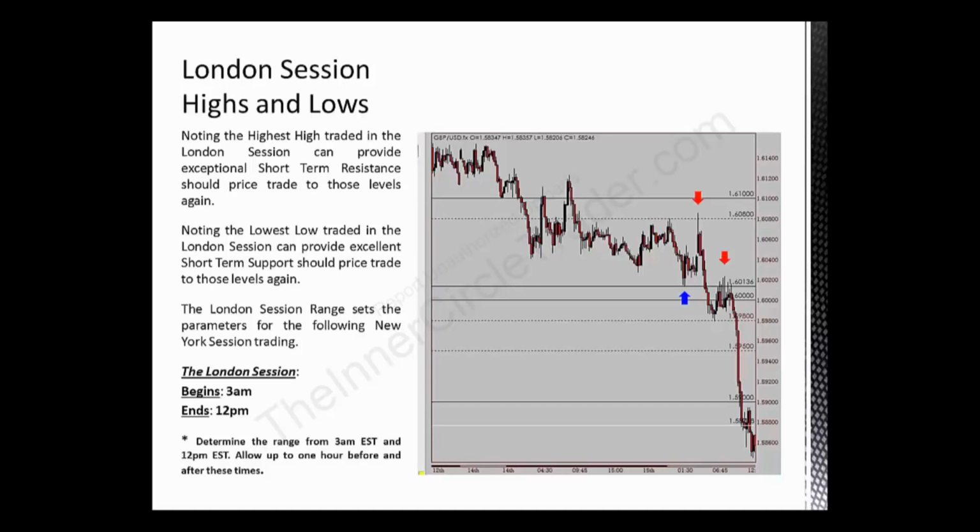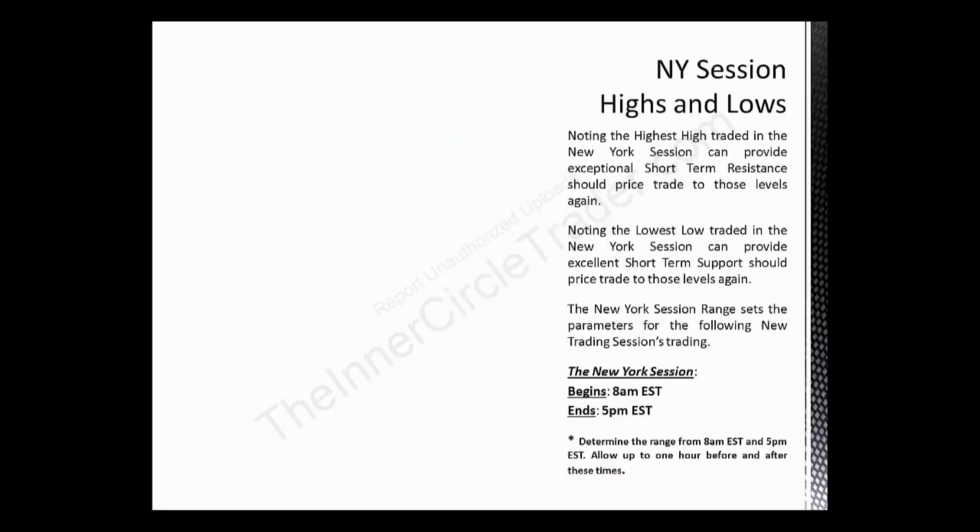If you do not understand London session highs and lows, just take a couple weeks and go through the previous data on your platform, mark those out, and see what trade set up during the New York session time frame on an intraday basis and how many pips are available just by incorporating those specific price points, and you'll be absolutely astonished.